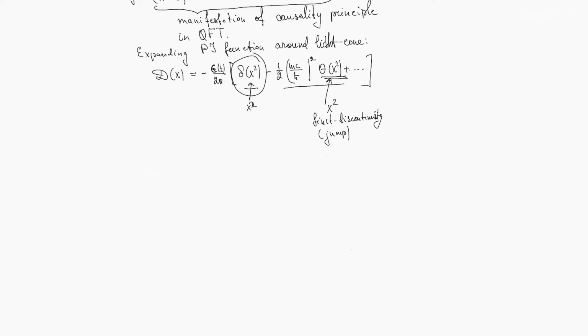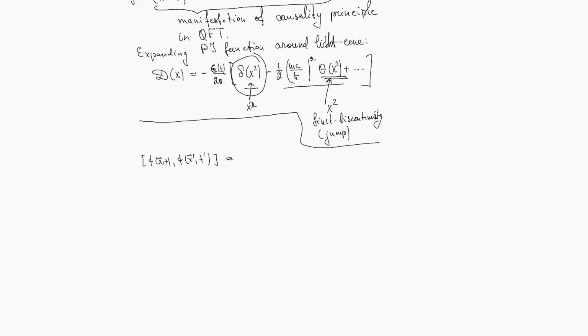So step number 1, we just use an expression for our fields in terms of oscillators. We start from this commutator of phi at x, t and phi at x prime, t prime, given in terms of creation and annihilation operators.